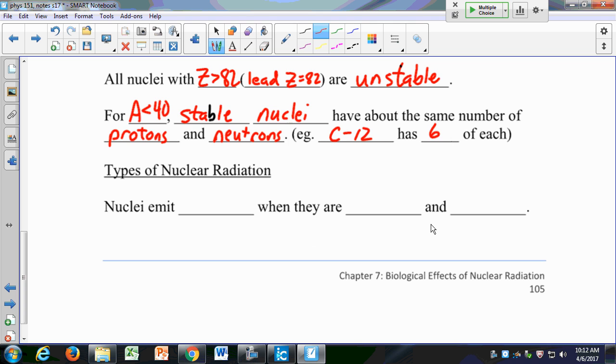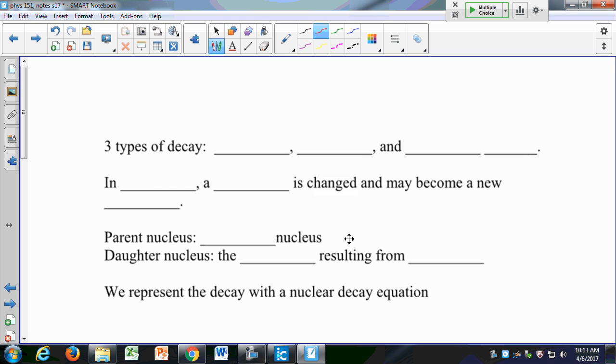Okay, so there are different types of nuclear radiation. As I said, they emit this radiation when they are unstable and decay. And then we have three types of decay: alpha, beta, and gamma decay.